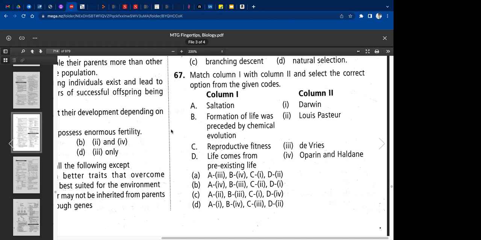Column 2: 1, Darwin; 2, Louis Pasteur; 3, De Vries, Hugo de Vries; 4, Oparin and Haldane. Yes, correct. Tell me your answers in the chat.